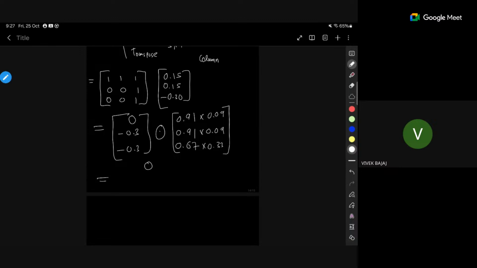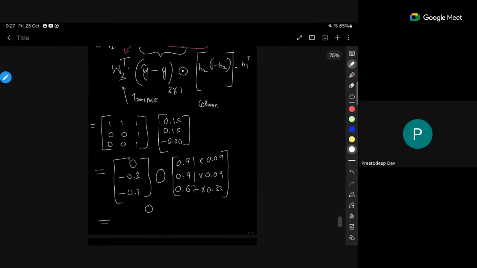Excuse me, sir. The last element of the second vector that you wrote, that multiplication, it was 0.15, 0.15, and below that, is it minus 0.3 or 0.2? 0.3.